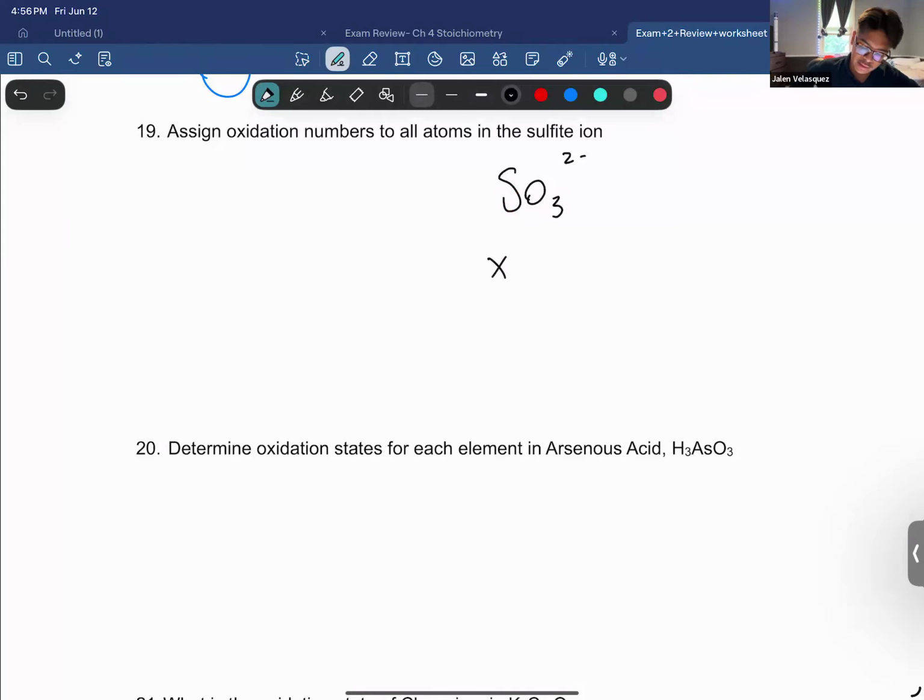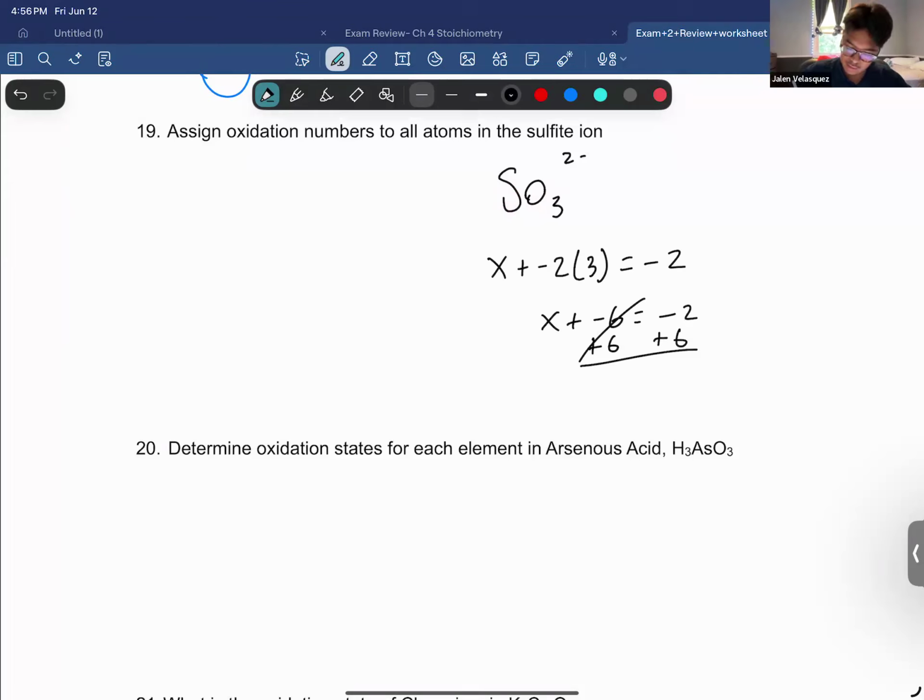So we have X plus -2 times 3 equals -2. So X plus -6 is equal to -2. Bring that 6 over. So X is equal to positive 4. So sulfur is plus 4, oxygen negative 2.